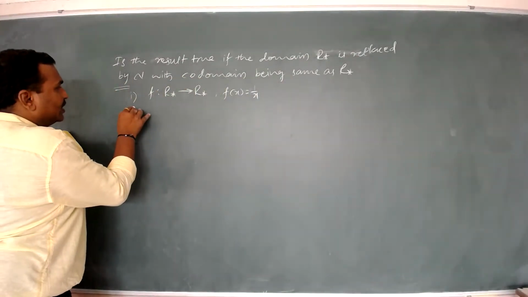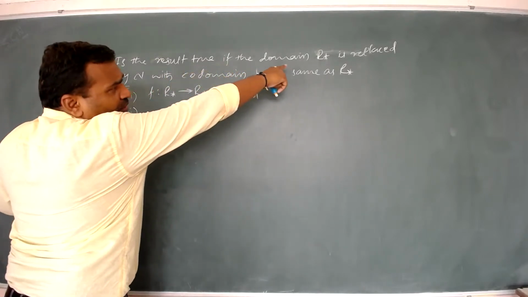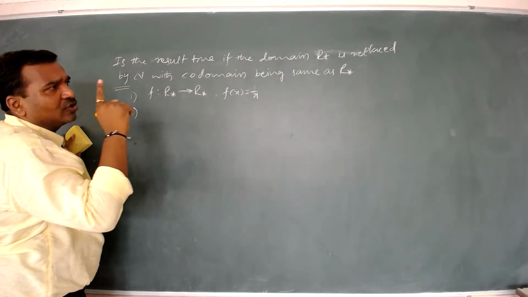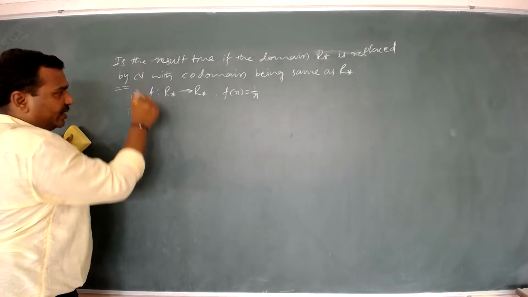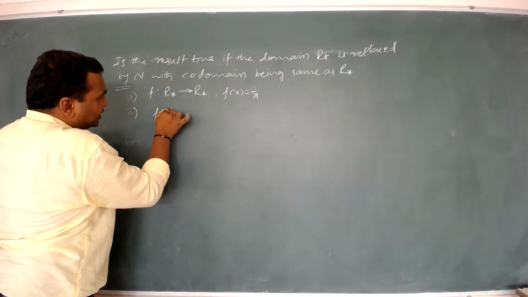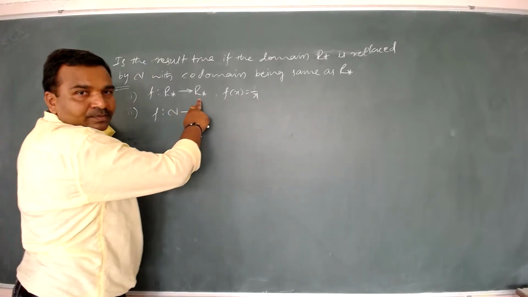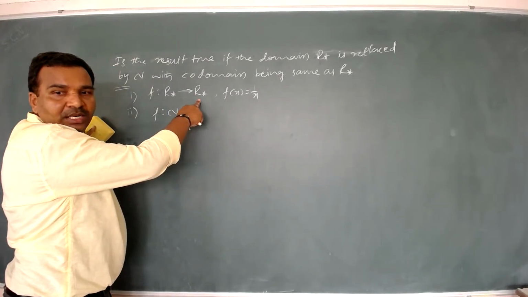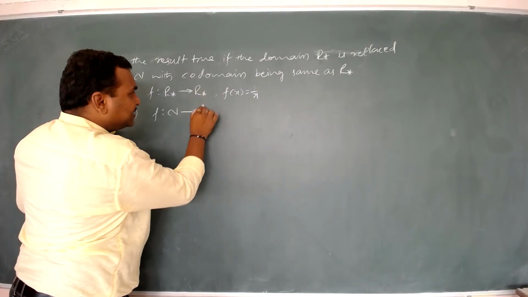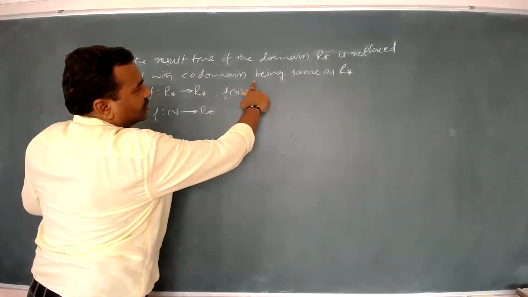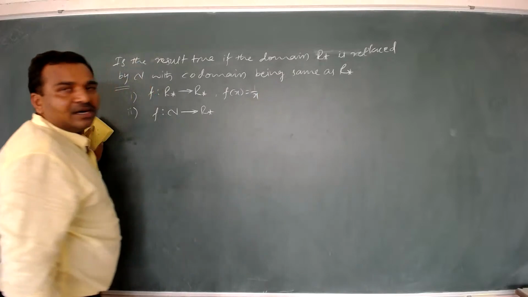Second one: is the result true if domain R star is replaced by N? So f is defined from natural numbers to what? Codomain R star. So keep R star as it is, codomain being R star.